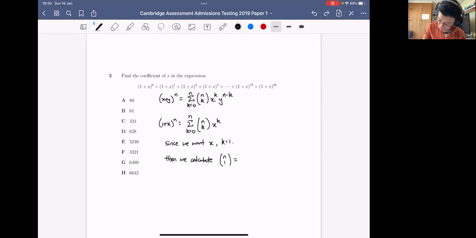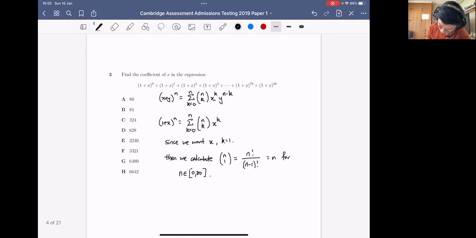I can write it out a bit better, which is n for this interval. But I guess this is really easy.